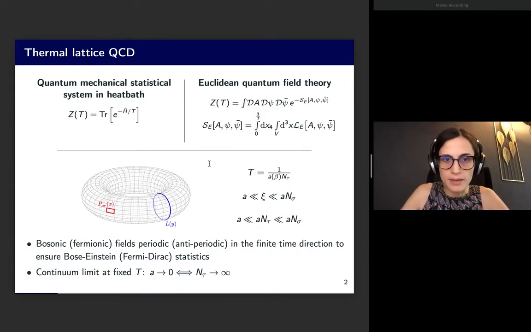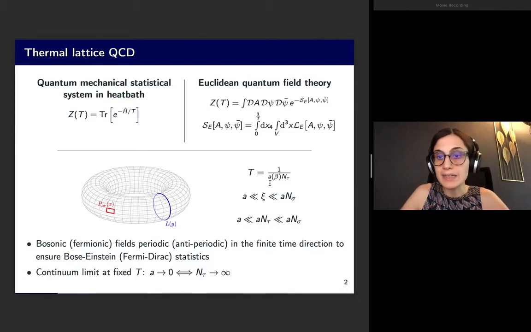The other important thing I want to mention in this slide is that by looking at the formal equivalence between the quantum mechanical statistical system in a heat bath and the Euclidean quantum field theory, you can read out the relation that connects the temperature to the extent in the temporal direction of our lattice, which is the product of the lattice spacing and the number of sites that you have along the temporal direction.